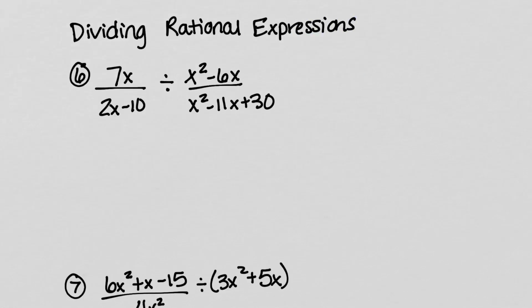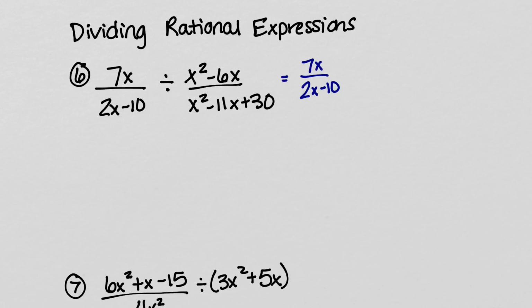All right, let's try dividing some rational expressions. It is just like multiplying. We just flip what comes after the division. So the first rational expression, 7x over 2x minus 10, okay, it stays there.